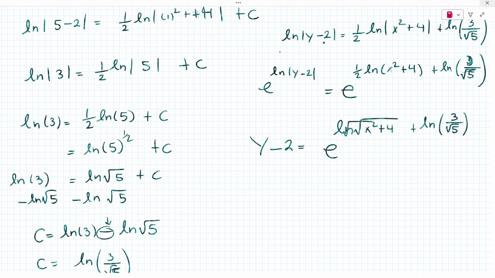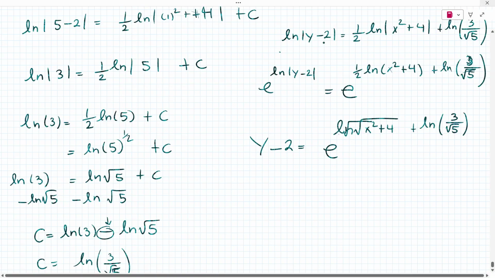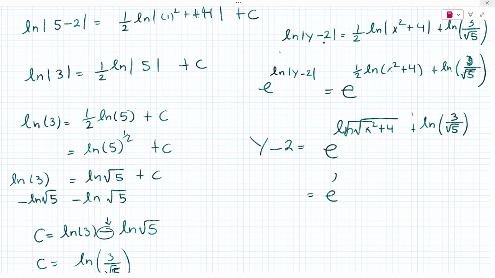And because you can rewrite this part, that plus is like a multiplication. So you can rewrite this as two terms, as e to the ln of square root of x squared plus 4, and then times e to the ln of 3 over radical 5.